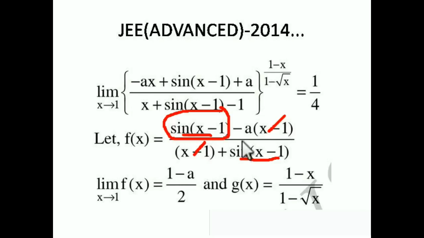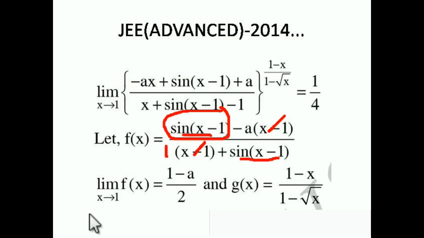Minus is there, then x minus 1 and x minus 1 get cancelled out, so we are left with a. Similarly here x minus 1 gets cancelled out, so we are left with 1 only. Plus sine of x minus 1 upon x minus 1 in the limit becomes 1. So we have 1 plus 1, that is 2.